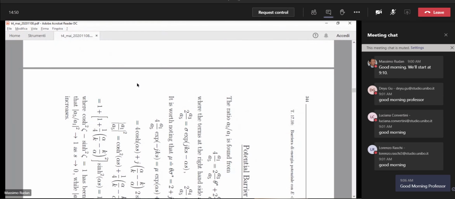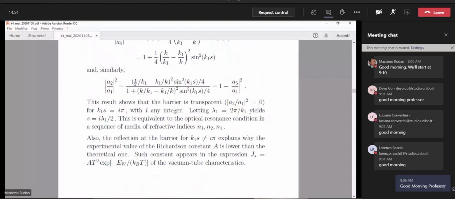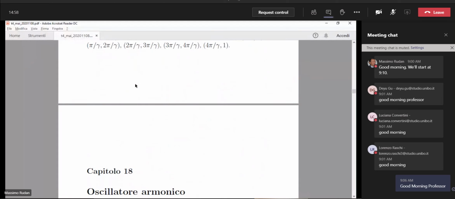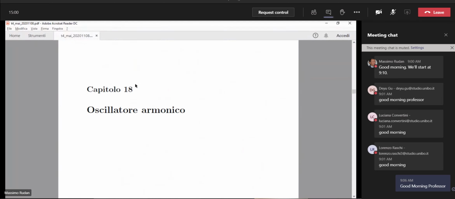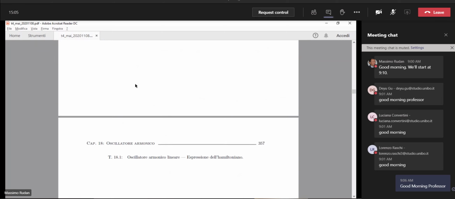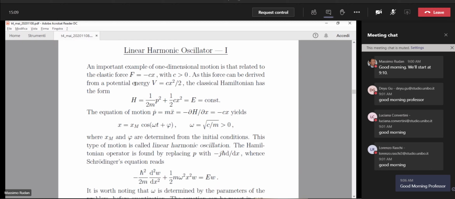Let me rotate the screen. Okay, we are here. And we examine first the linear harmonic oscillator in the classical case.